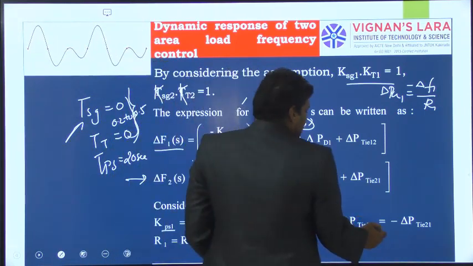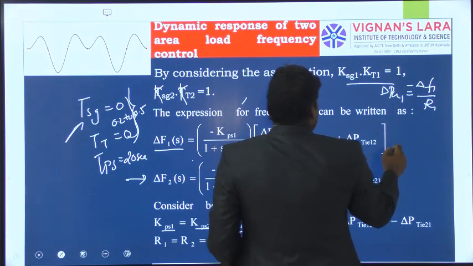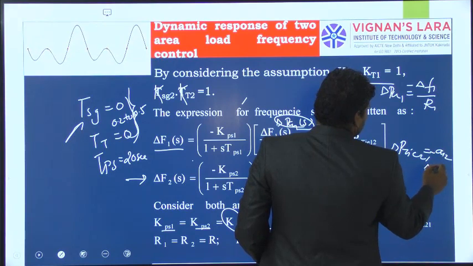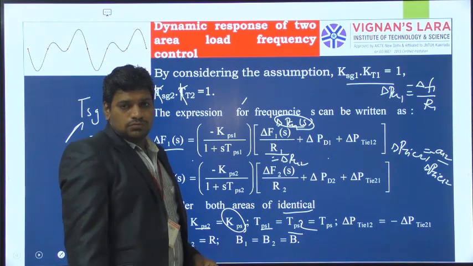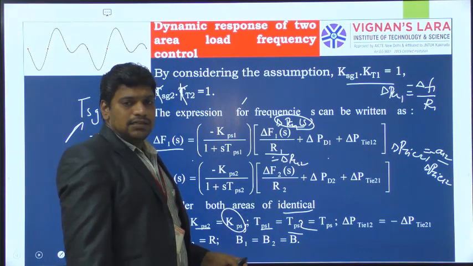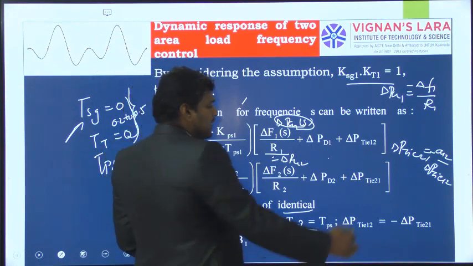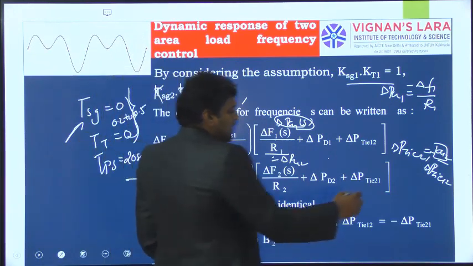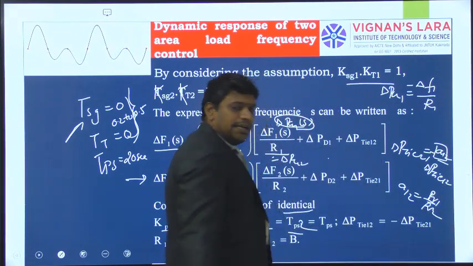Again, delta P tie 2-1 is equal to minus A12 into delta P tie 1-2, where A12 is equal to 1. Why is A12 equal to 1? It is arrived at when you consider both the areas as identical. A12 is equal to PR1 by PR2, the rating of area 1 by the rating of area 2.